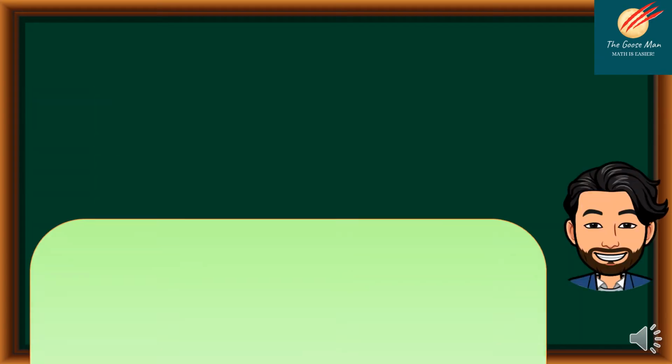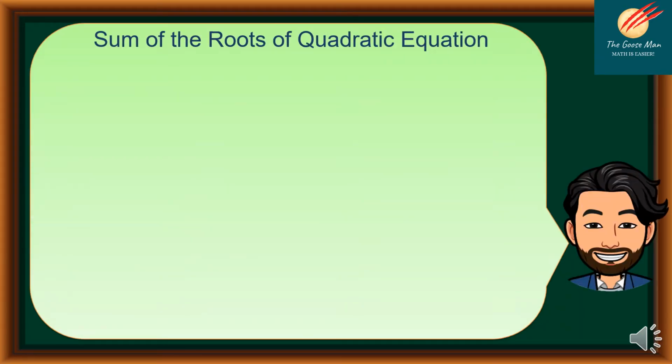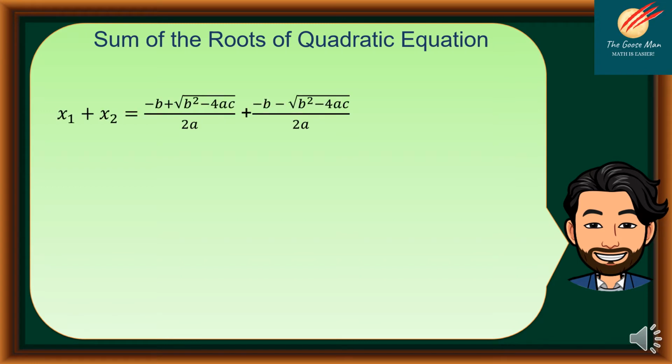So let's consider first the sum of the roots of a quadratic equation. Note that x sub 1 plus x sub 2, since our x sub 1 is equal to negative b plus the square root of b squared minus 4ac all over 2a, while our x sub 2 is equal to negative b minus the square root of b squared minus 4ac all over 2a.